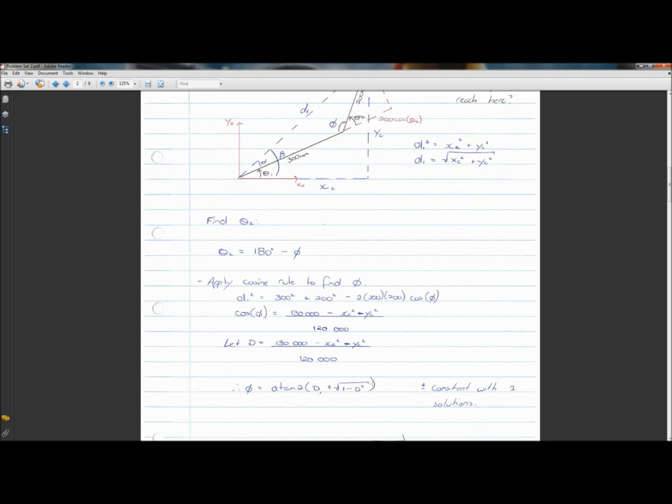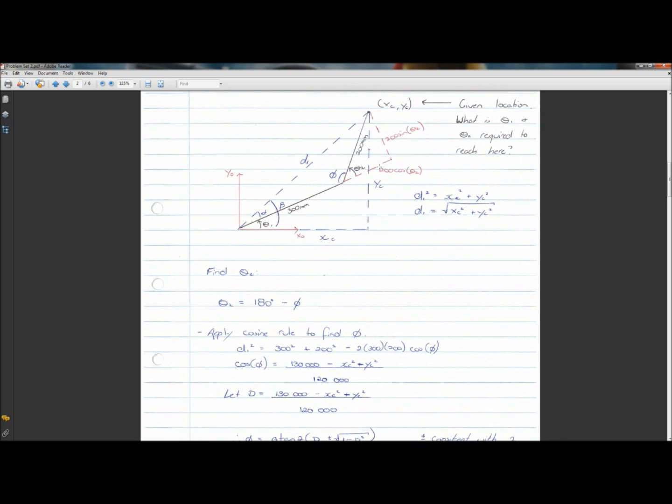The other thing you should notice is that this plus or minus is consistent with there being two solutions for theta 2. You do phi equals atan 2 of D with the positive term, the square root of 1 minus D squared, and that gives you one answer. Using the negative gives you another answer, and as we discussed before, that's elbow up or elbow down.